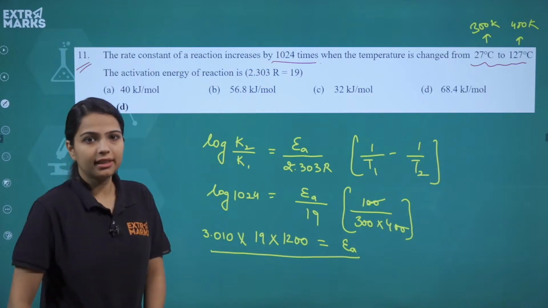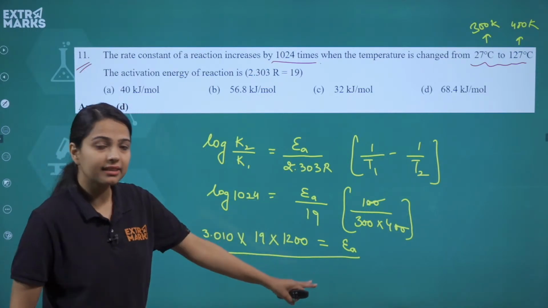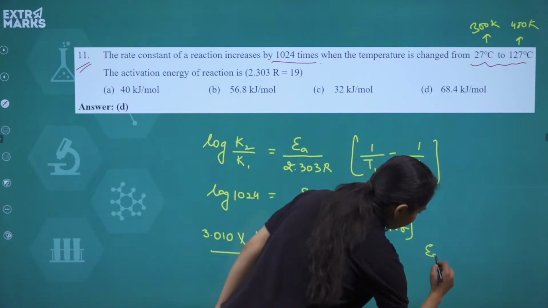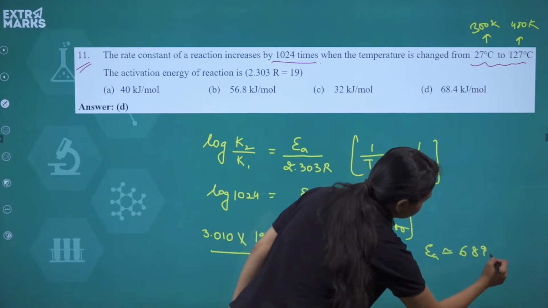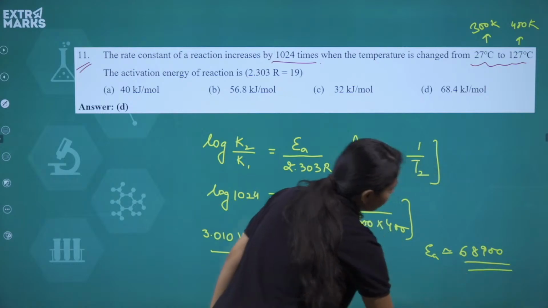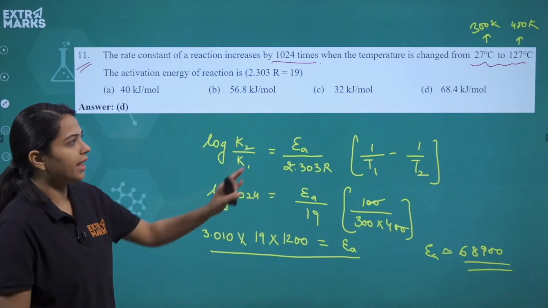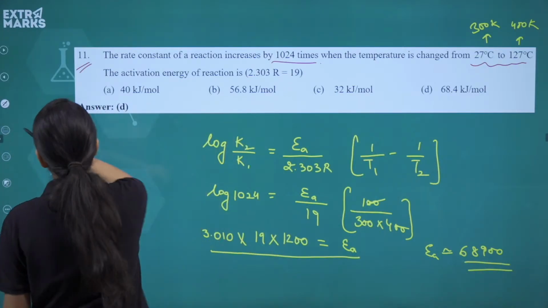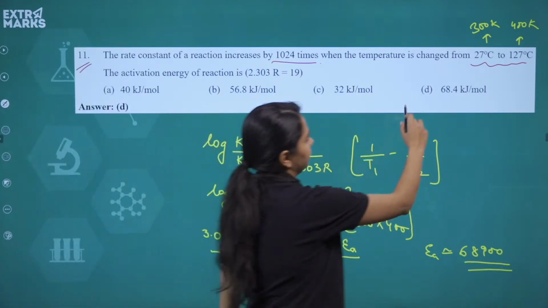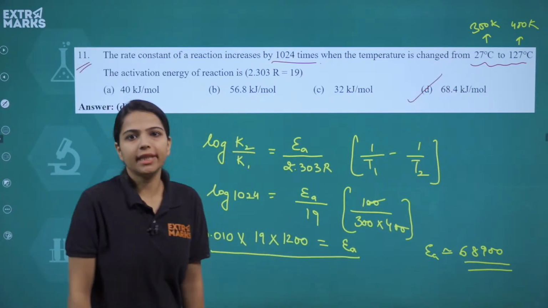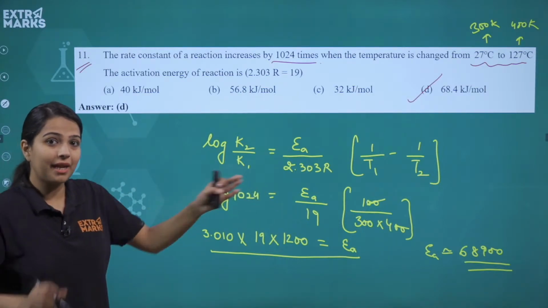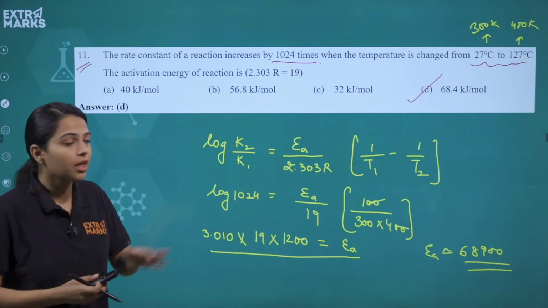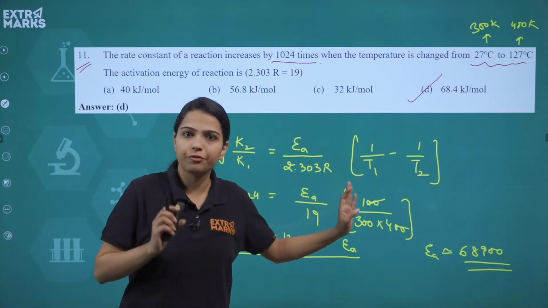So when you will solve this out, you will get the answer nearly as 689 something 00. So now when you will be taking this in kilojoules, 68 point something will be your answer. That is option D. Alright. Just remember this equation whenever we have to compare the rate constants at two different temperatures. So this is how we have to use it.